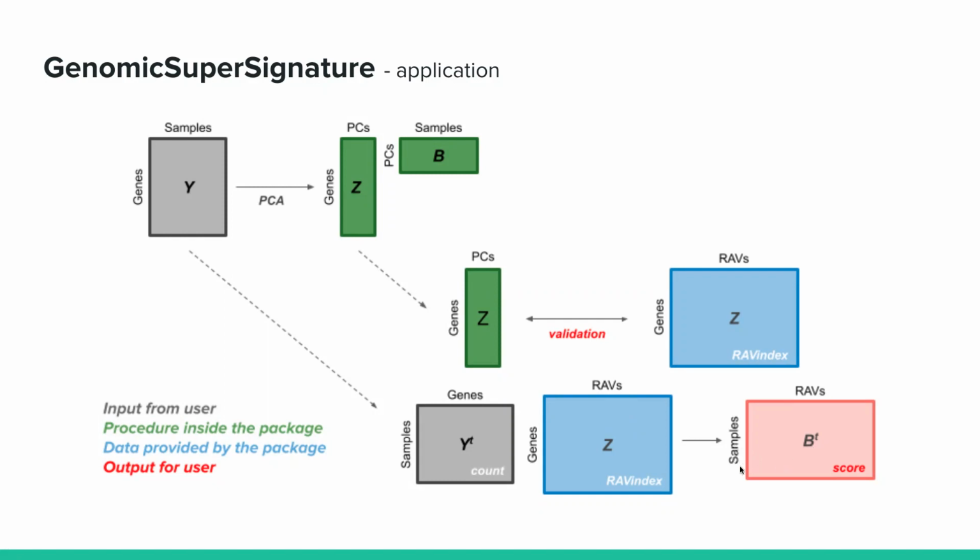There are several outputs that I'll show you later, but the most simple one would be taking the samples of your studies and getting a new representation of your data in terms of these RAV scores that have been predefined from this compendium.